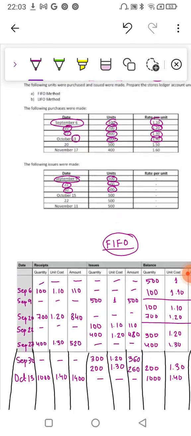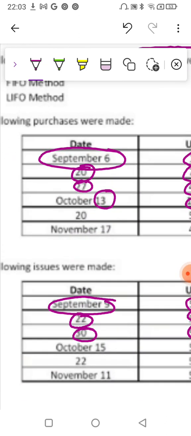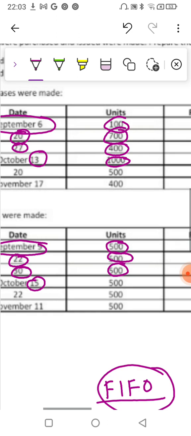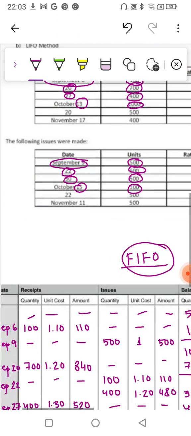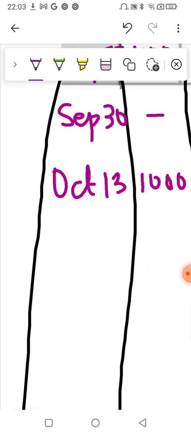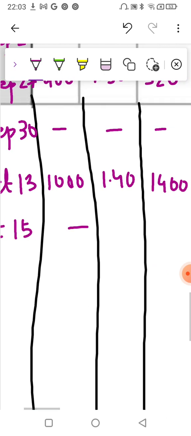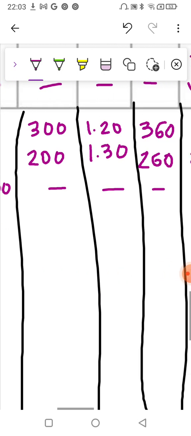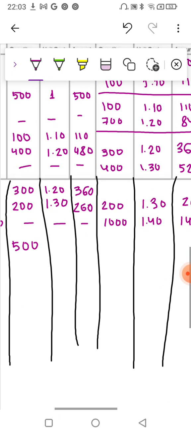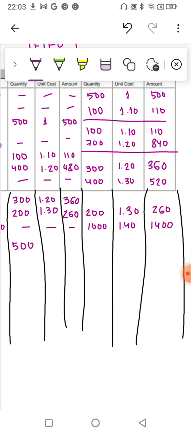After this, we will move to October 15. This was an issue of 500 units, so no purchases were made. Now we will see what I am left with. You can see first in, first out. So this 200 of the previous lot is there, so we will be taking this 200.